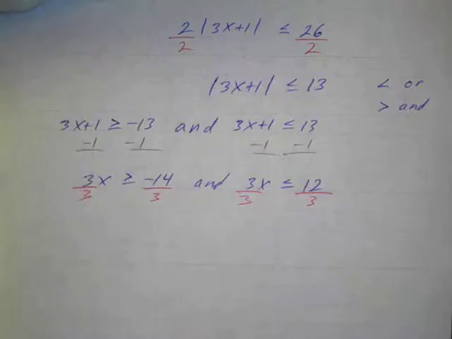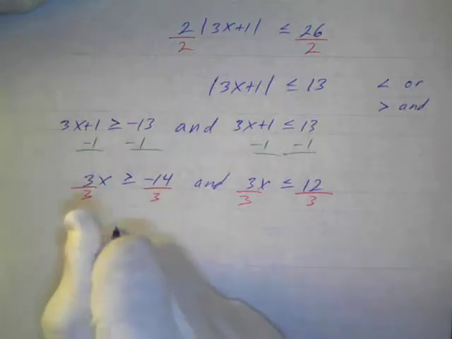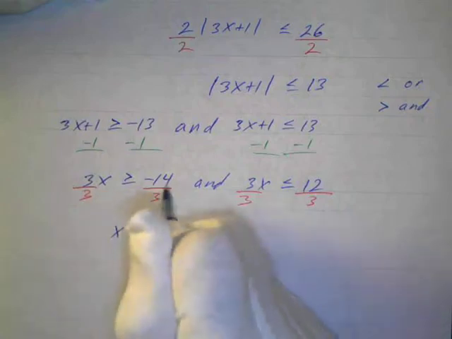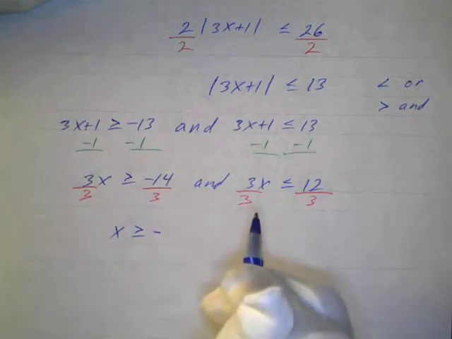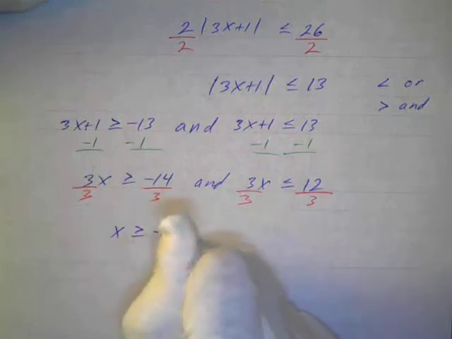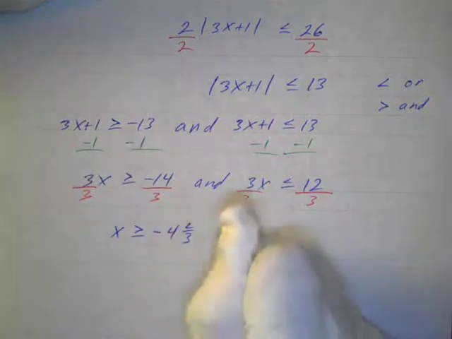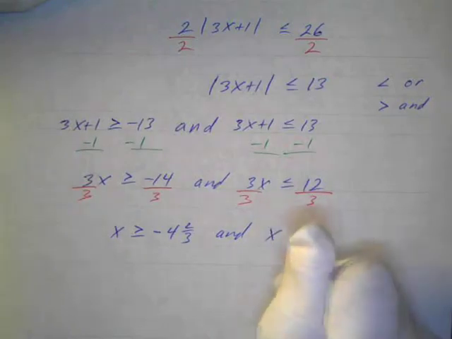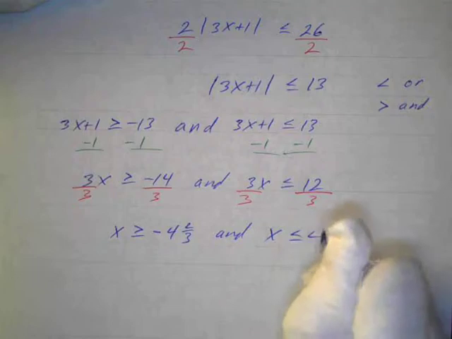And I end up with x is greater than or equal to negative, and then 3 goes into 14 4 times with 2 left over, so negative 4 2/3, and x is less than or equal to 4.